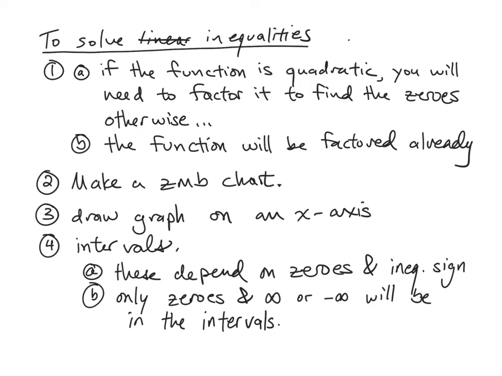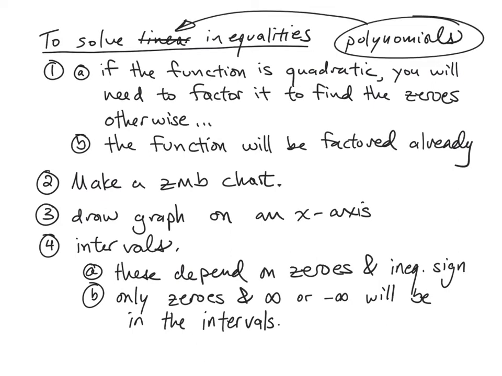To solve polynomial inequalities, you have to quickly check if the function is quadratic, you will need to factor it and find the zeros. Otherwise, the function will be factored already. So that is to your benefit. The second step is you will want to make a ZMB chart and find end behavior.